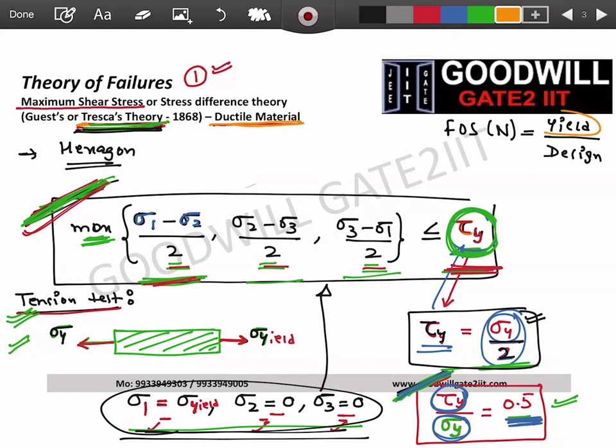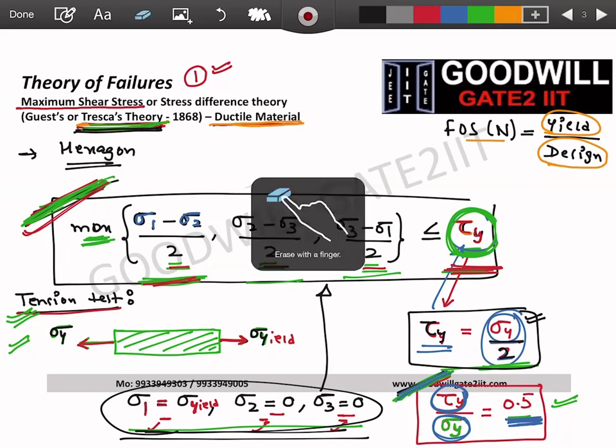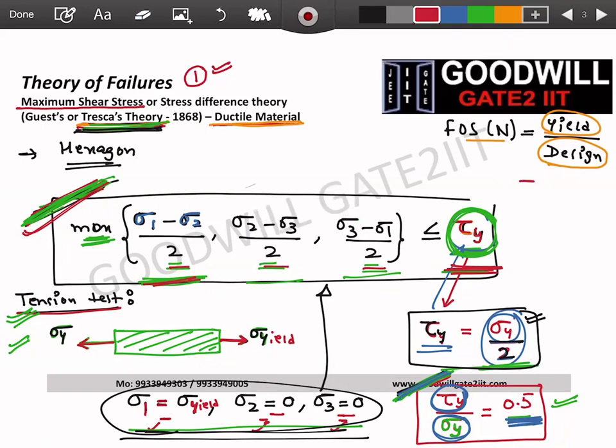We will design it for some other value. For example, if your factor of safety is 2, and your yield stress was 200, then what is your designing stress? Your designing stress is 200 divided by 2, right? If you people agree, can I say my designing stress is basically yield stress divided by n? Or it can be any yield stress.